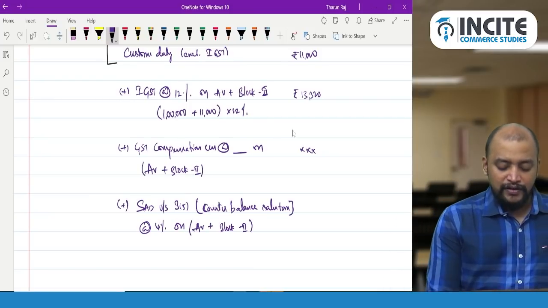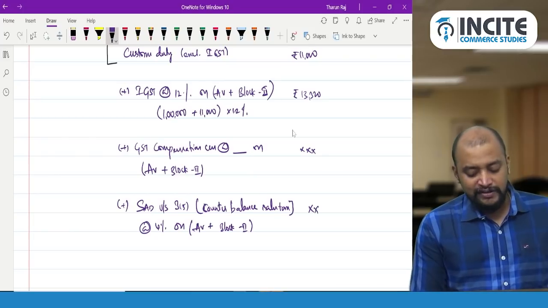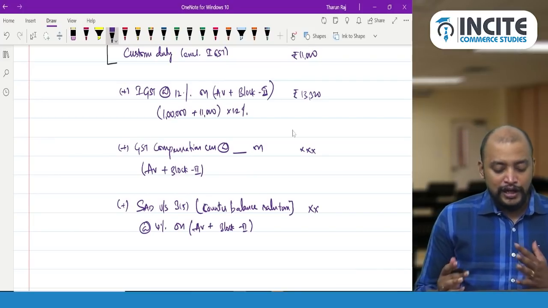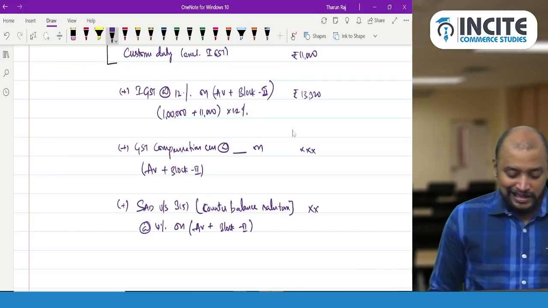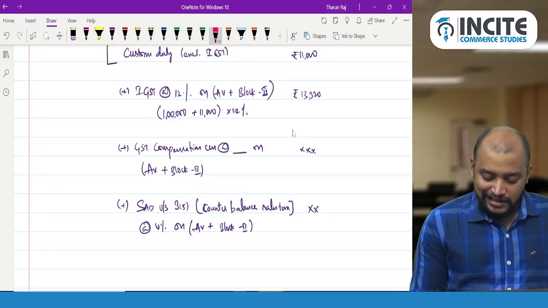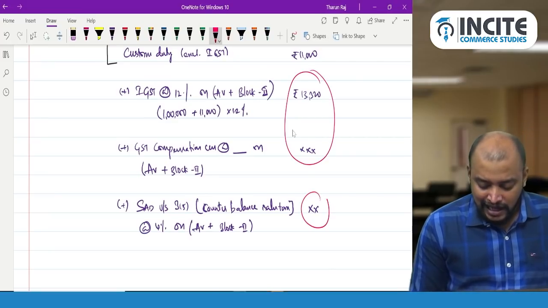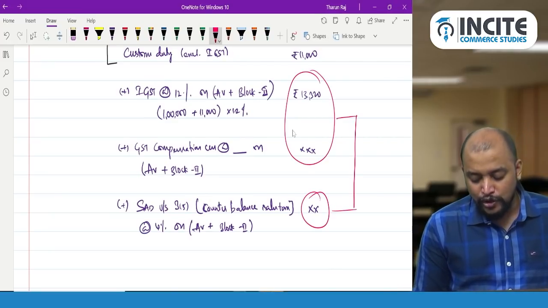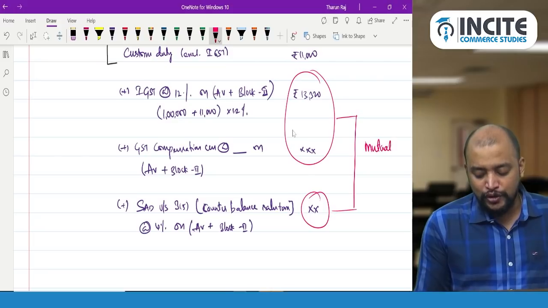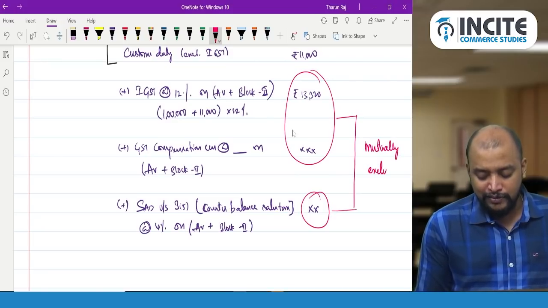When we compute it on this, we should understand here that IGST and GST compensation cess, and this SAD are mutually exclusive, so both will not come in the same place.